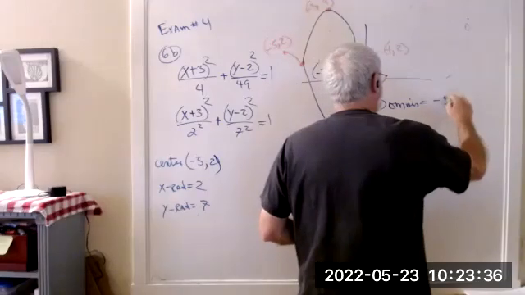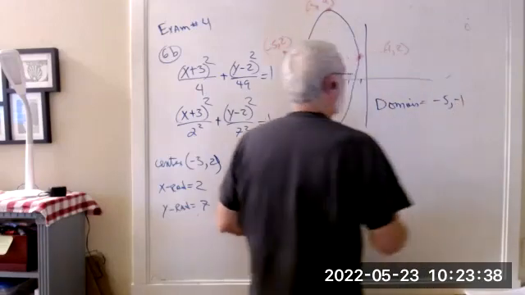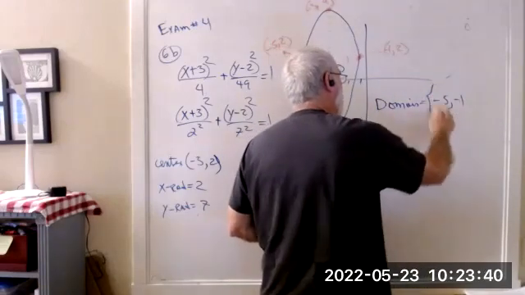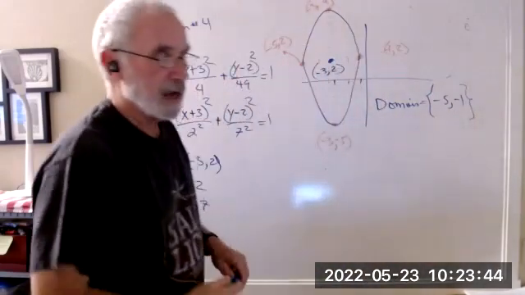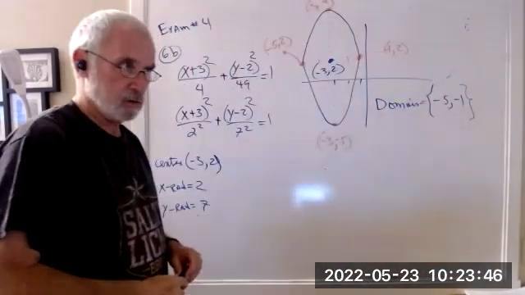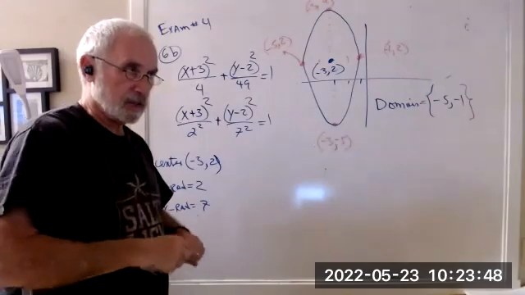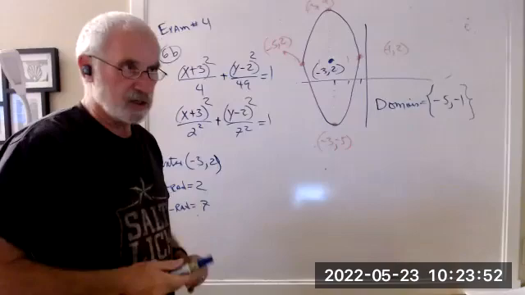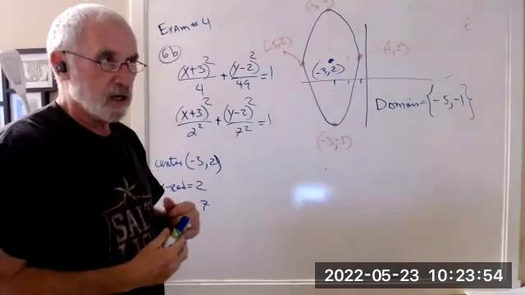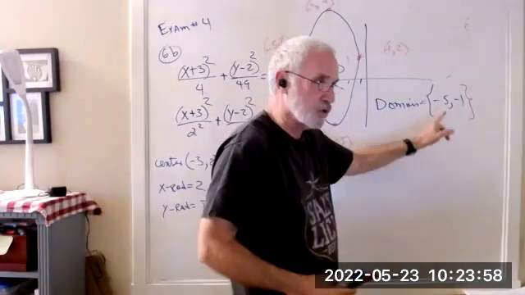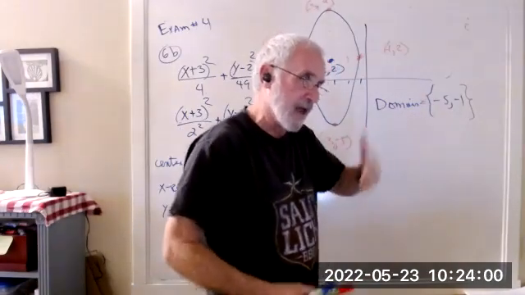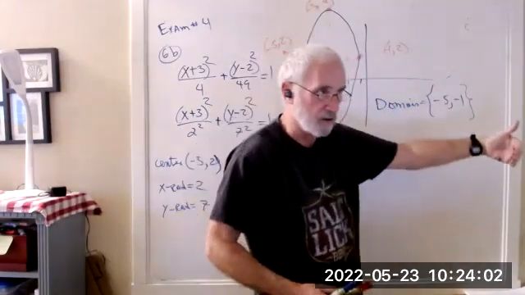Okay. I agree with that, except I had several people do that. And that's wrong. It's brackets, huh? Brackets, yes. Okay, because technically this means just the number -5 and just the number -1.